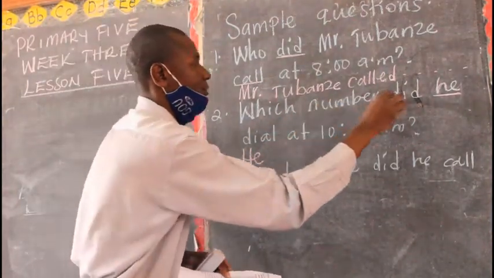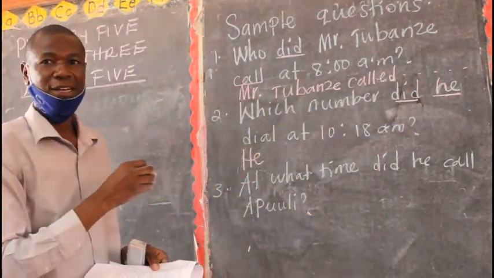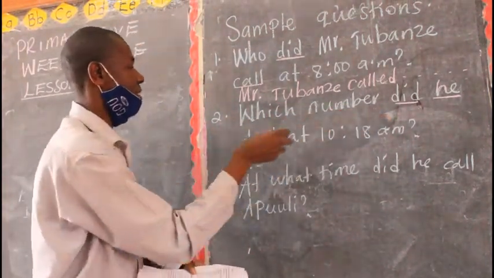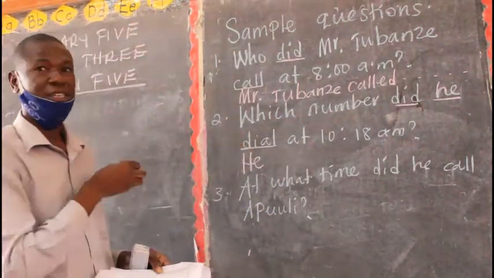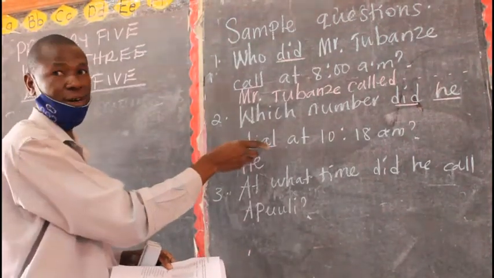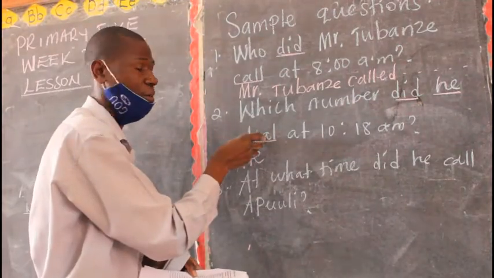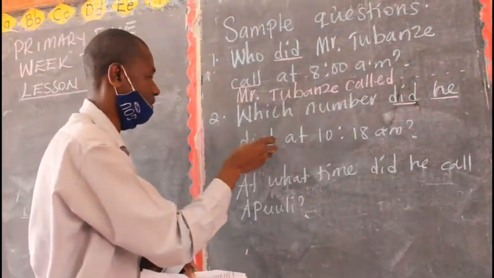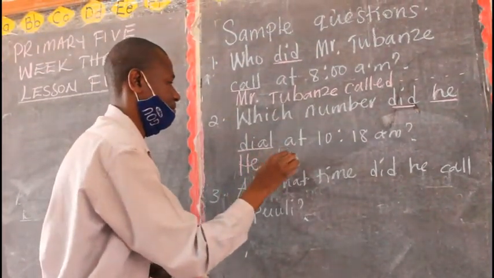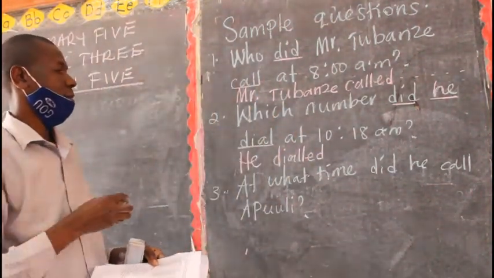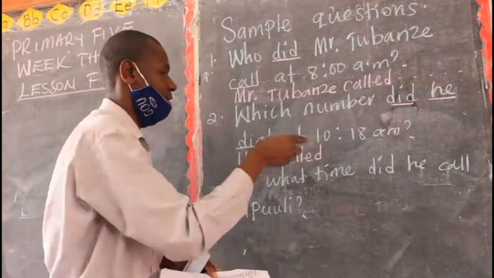Now remember, I have talked about the word did, and which of these words is it affecting? It is going to affect the word dial because it is the main verb. So it is going to change to the past simple form. The past simple form of dial is dialed.